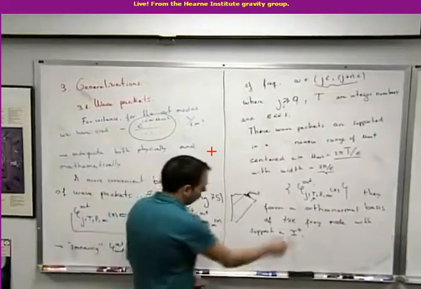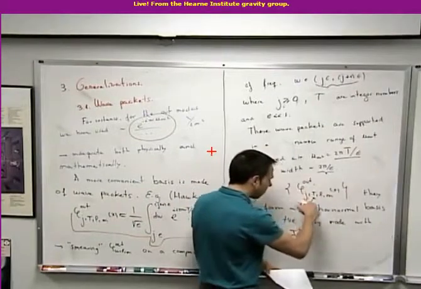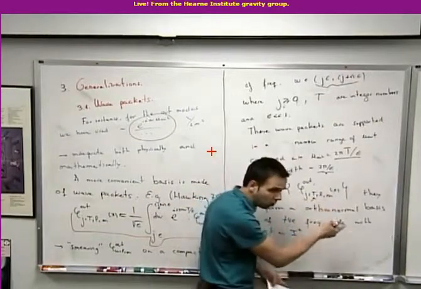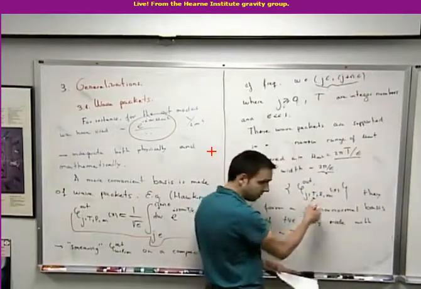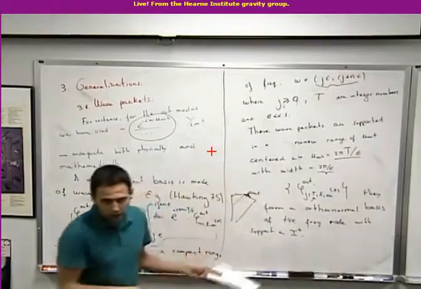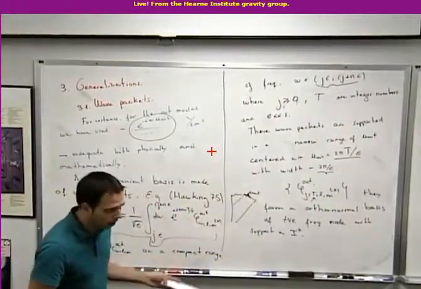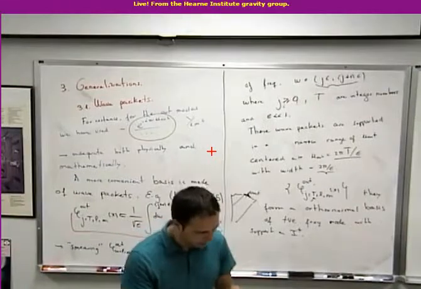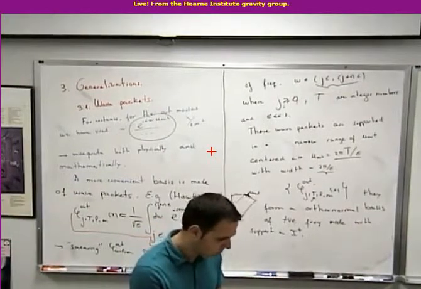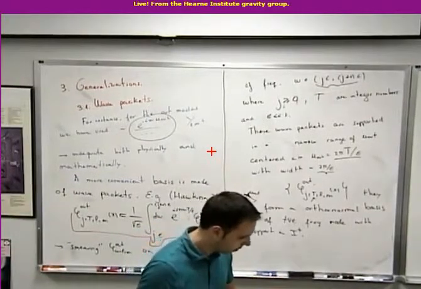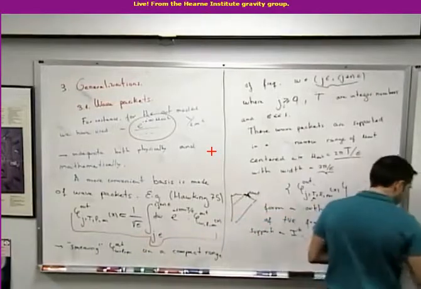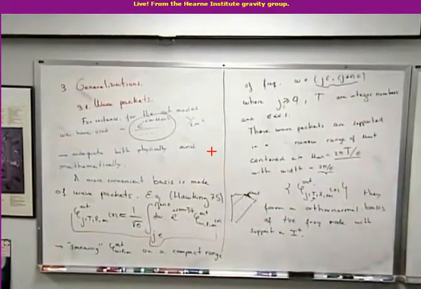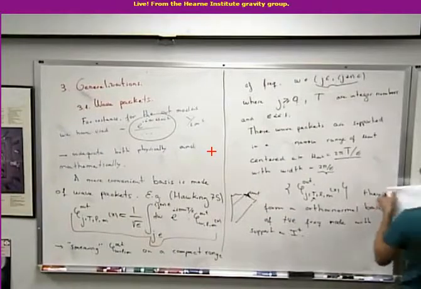Also, this is a basis which is countable. You have infinitely many, but it's countable. Therefore, the Hilbert space is what we call separable, and that is what we expect. If you don't know what that word means, it doesn't matter. But that is the more rigorous way of doing the calculation.